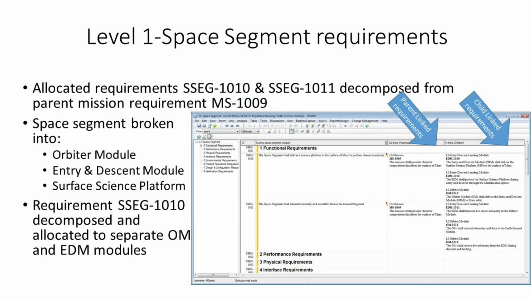At this next level, the 2 space segment requirements are decomposed into separate requirements on the orbiter module that carries the system from Earth to Mars and provides the in-orbit support, and the entry and descent module that will deliver the rover to the surface. Note the terminology of parent-child, with the children being the parents for the next level.